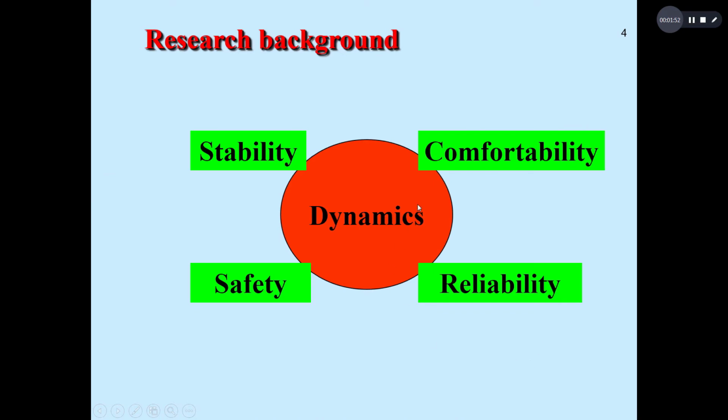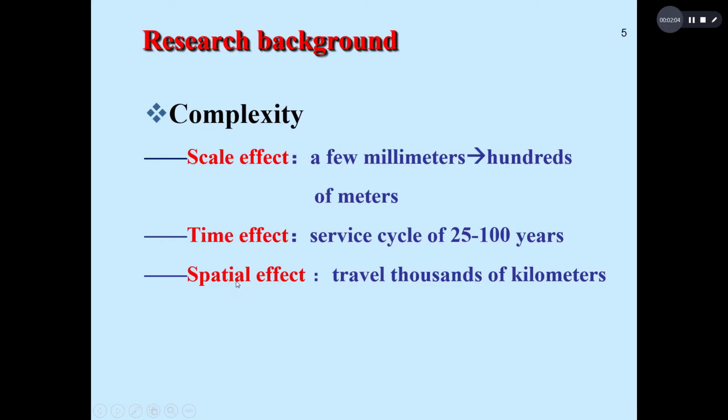So for this dynamic system, we can evaluate the stability, comfortability, reliability, and safety of the system. This is a very complex system. There are several aspects to describe this complexity.